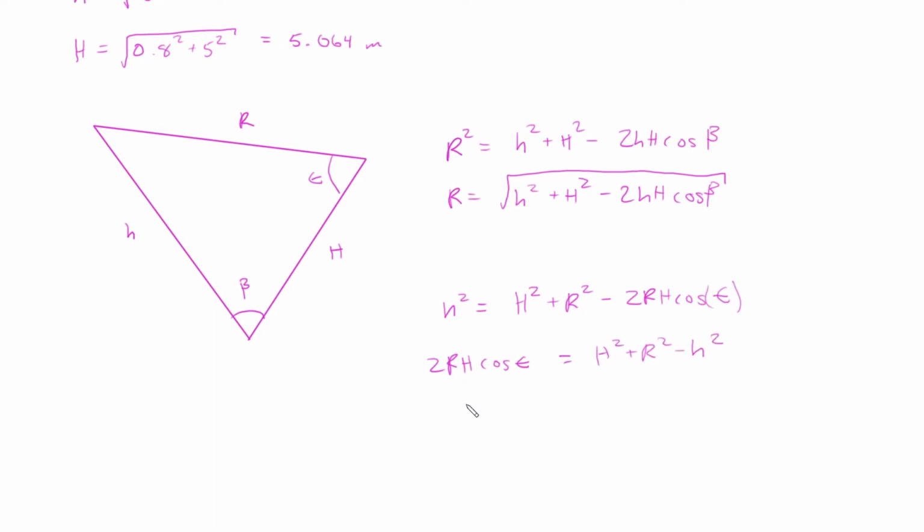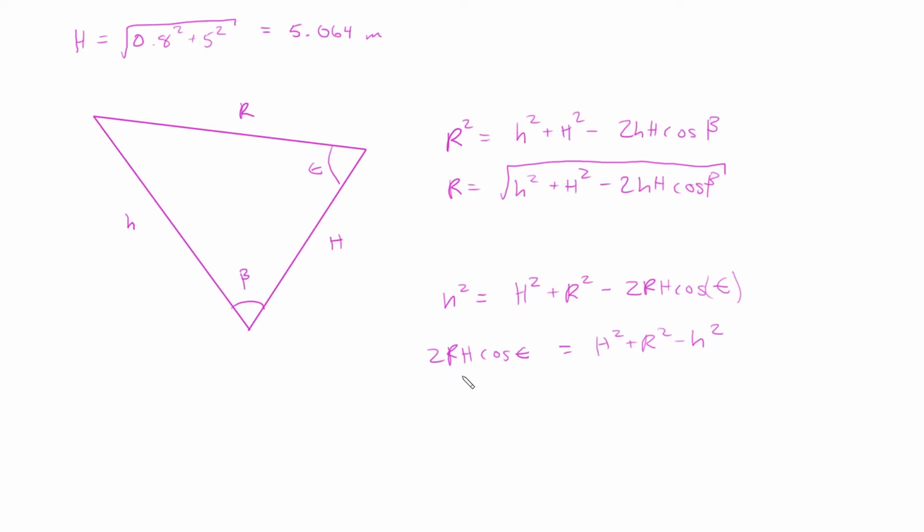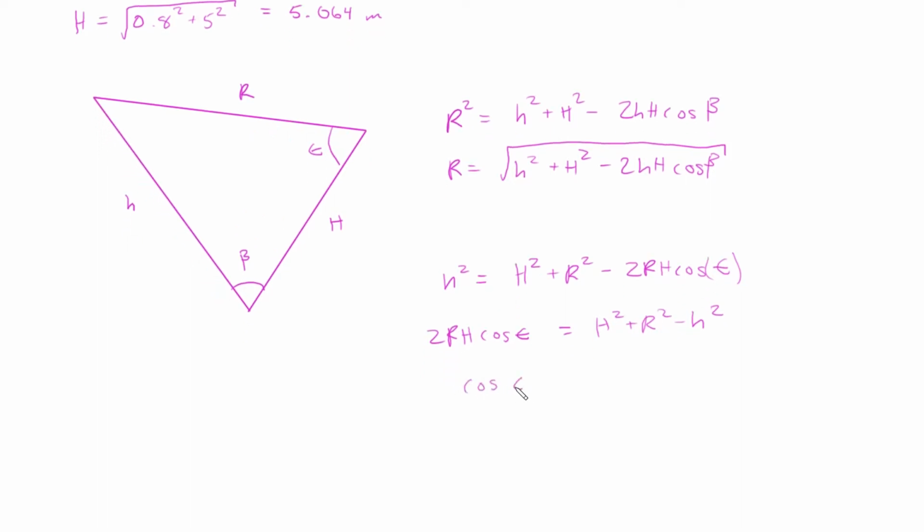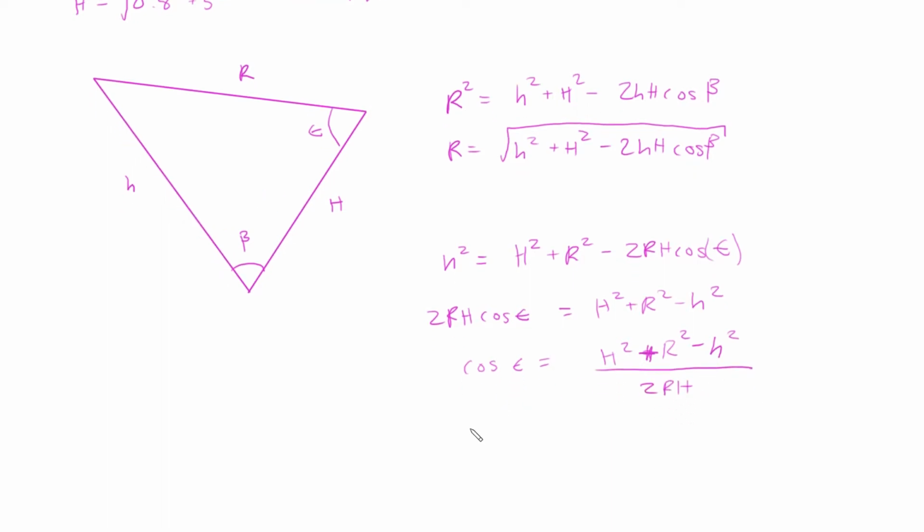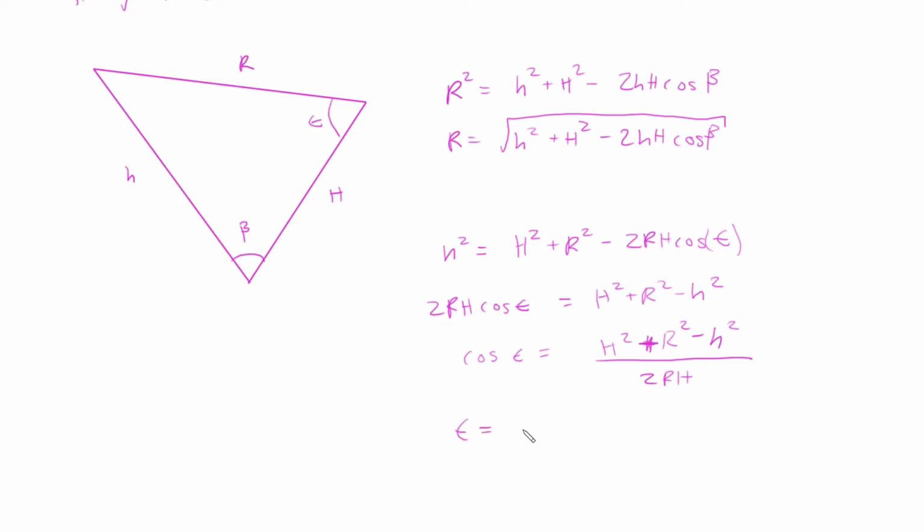And now we can divide by these values. So cosine epsilon equals h squared plus R squared minus H squared divided by 2RH. And we could now define epsilon as arc cosine of this value.